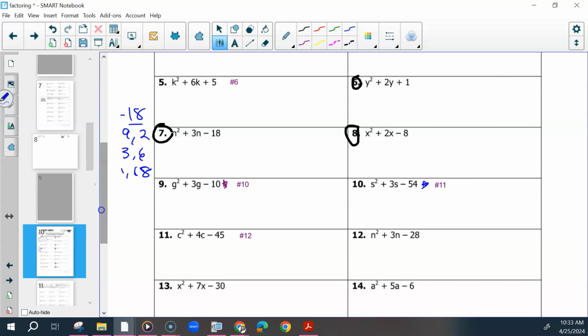Which pair could be used, which one would be negative? Would that add to be 3? So what is 3 and 6? Which one would be negative, guys? The 3. So we'd have n minus 3 and n plus 6. Make sure you guys are writing this down. Questions there?